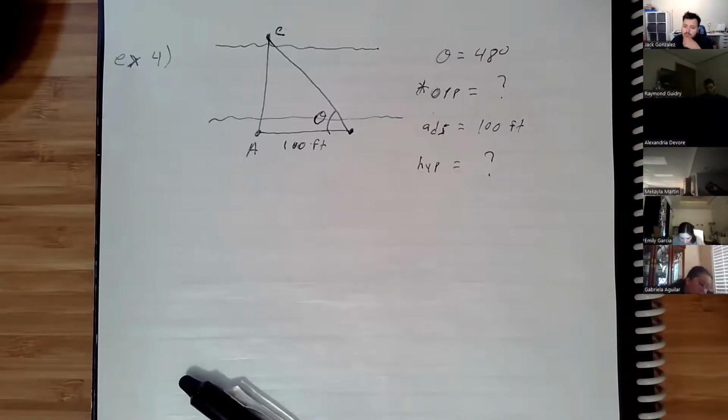Well, let's think about that. If we use sine, we would need the opposite and the hypotenuse, because sine is equal to opposite over hypotenuse, and we're missing both. So we can't use sine because there are 2 unknowns.